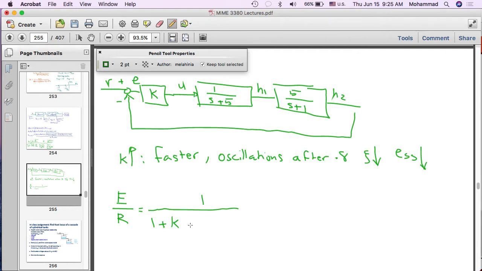I'm going to use the numerical values. So K times 1 over s plus 5 times 5 over s plus 1.